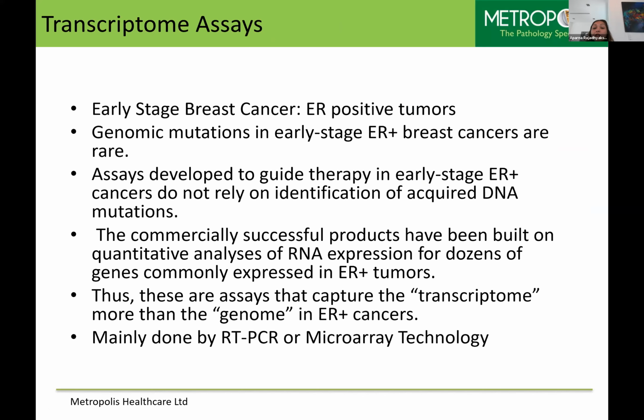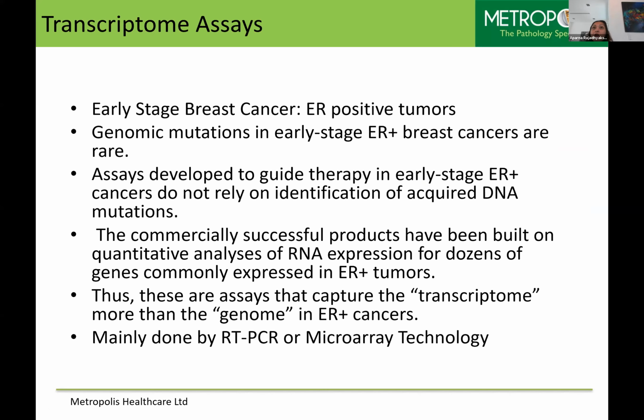So I won't talk about the transcriptome assays too much, like Oncotype DX and MammaPrint, because these are not really NGS. But I will touch upon them a little bit. And I think the other 2 doctors before me covered this very well and extensively as far as ER positive and early stage breast cancer. So germline mutations are rare in this.